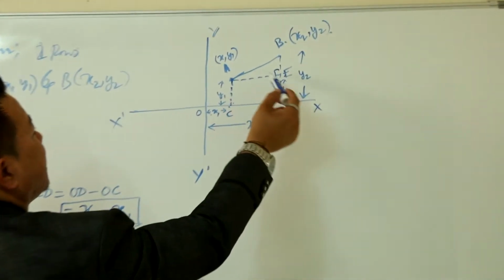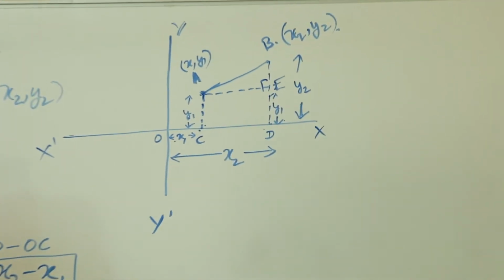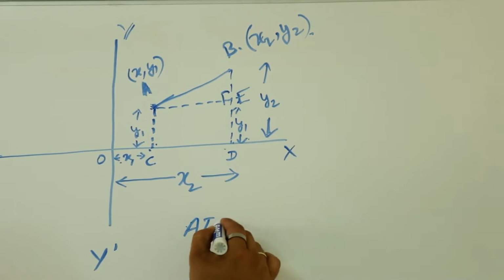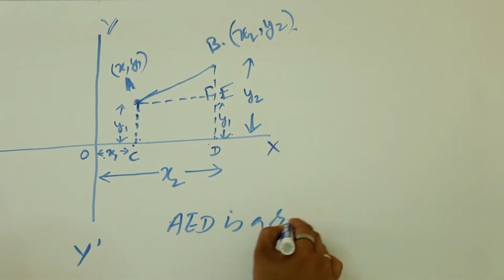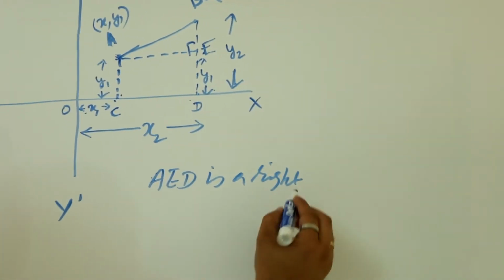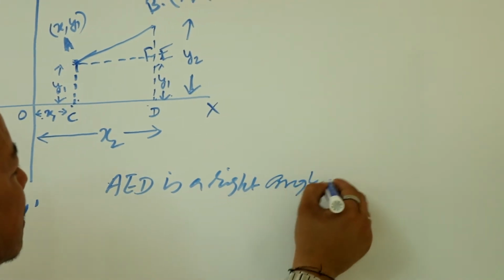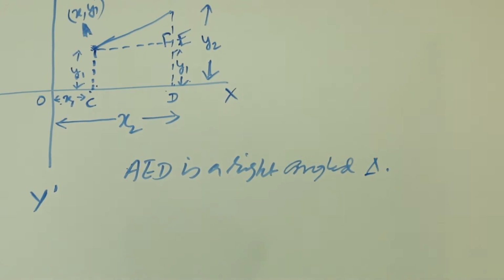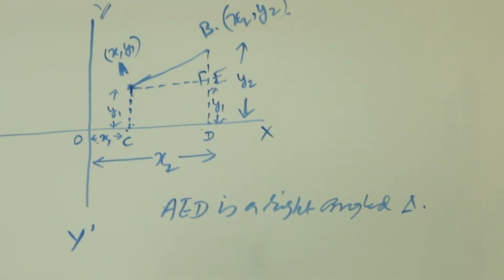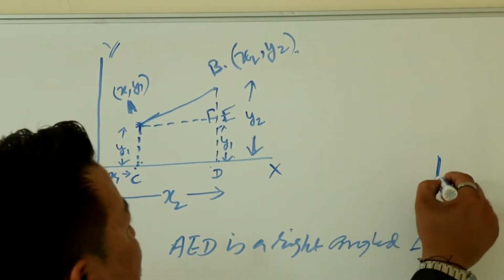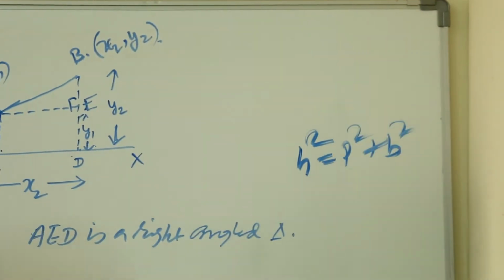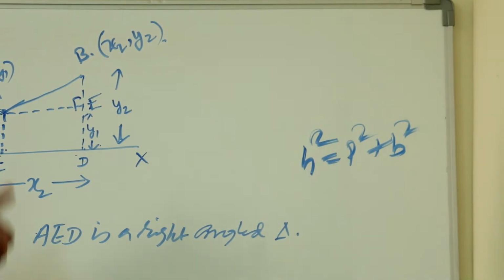Now see this triangle. This triangle AED is a right angle triangle. So applying Pythagoras theorem, hypotenuse square is equal to perpendicular square plus base square. Now what is the hypotenuse here?